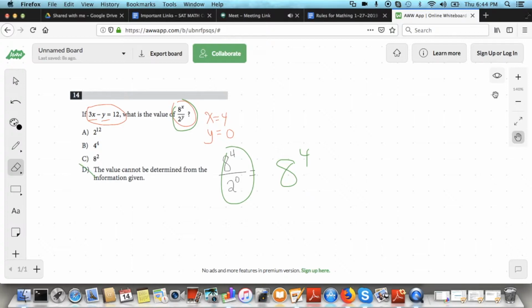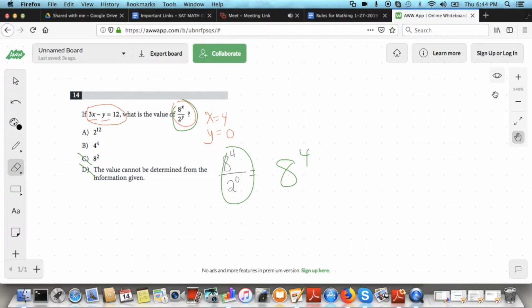We can safely eliminate 2 of these answer choices now with absolute certainty. Any idea which answer choice we can eliminate with absolute certainty, Sharon? Give me one we can absolutely eliminate. 8 to the 8 squared. Yeah, we can eliminate answer choice C. Why is that? It's too small. It's too small. Like, A is tempting to eliminate, but the 2 to the power of 12 could be 8 to the power of 4, right?